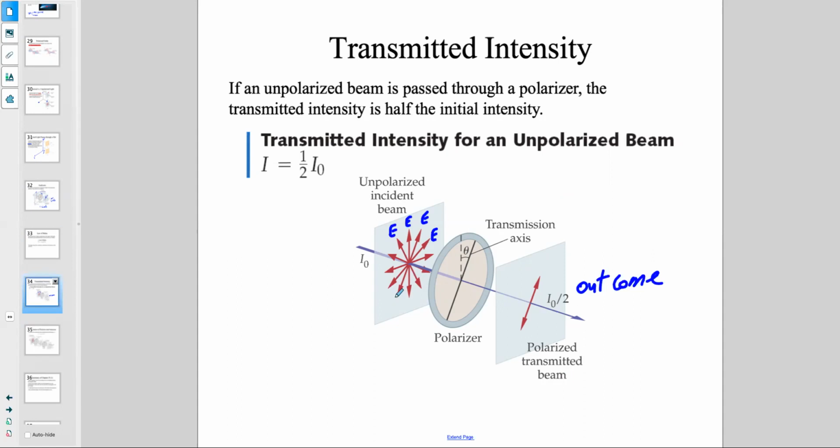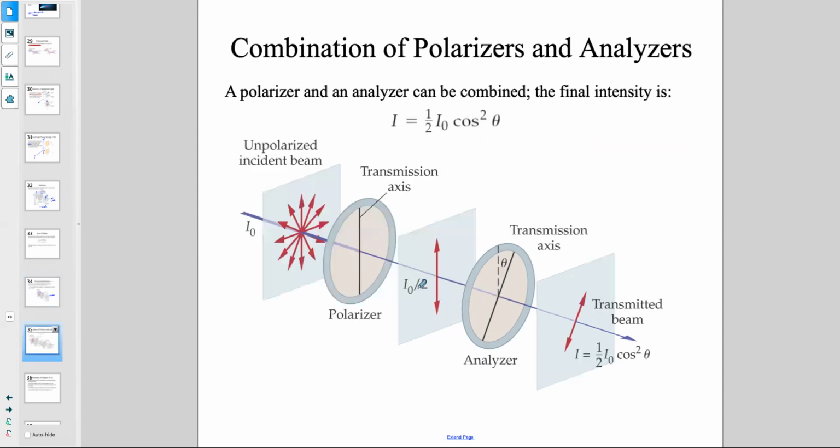So I have an unpolarized beam going through my polarizer, and then it gets half of its intensity out. Now this wave is polarized because I set my polarizer in this direction. So this beam is polarized. This polarizer does not let anything go through unless it is along this direction.